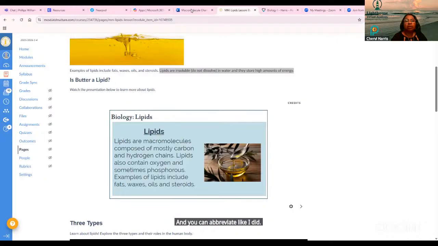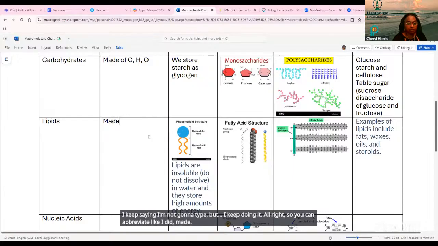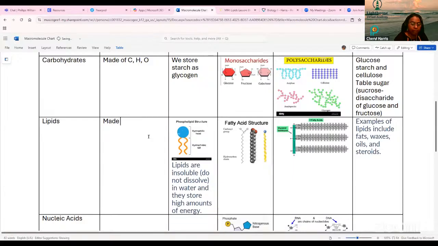I keep saying I'm not going to type it, and I keep doing it. You can abbreviate like I did. You have to remember that P is for phosphorus.